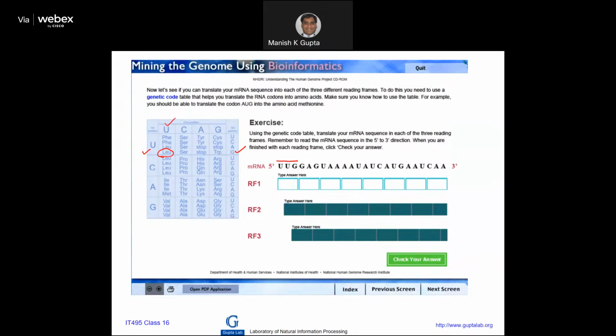GLU. Correct, sorry. So GAG is GLU, right? Because it's the last one on this side.